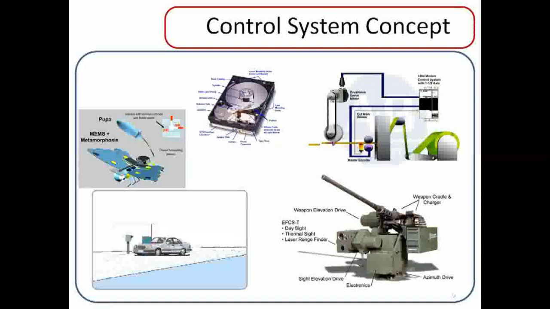So let's be clear regarding this point. Here I will first explain this particular system as an open loop, and later on I will explain the same system as a closed loop system.